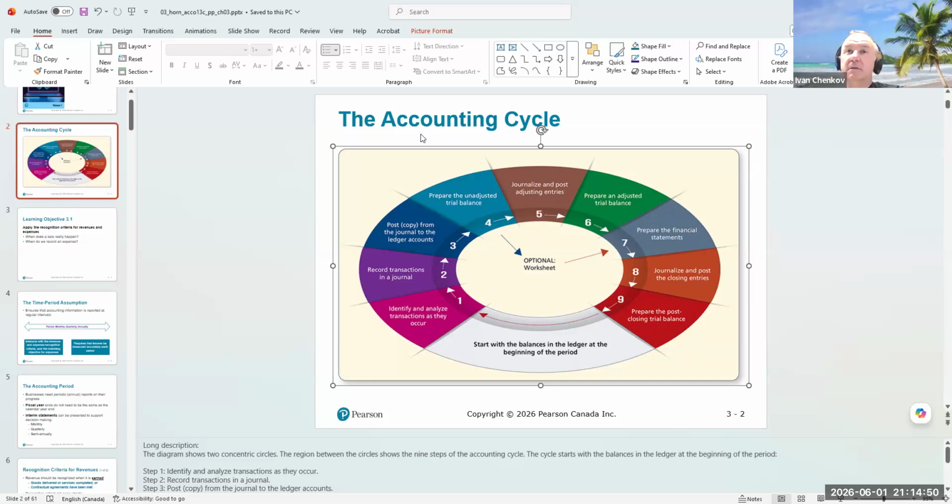Now, if it's an asset, how much of this asset is still an asset and how much do we have to transfer to expense? If it's a liability, how much of this liability is still a liability and how much has to be transferred to the revenue? Or the other way: is there any revenue that I can recognize by increasing my assets?